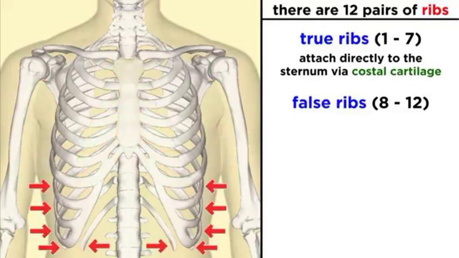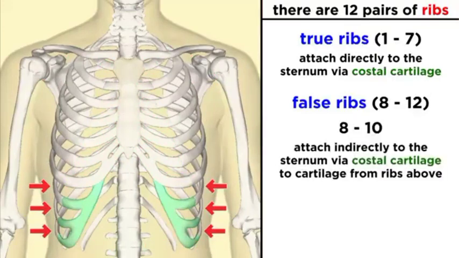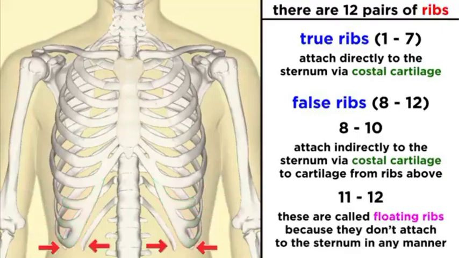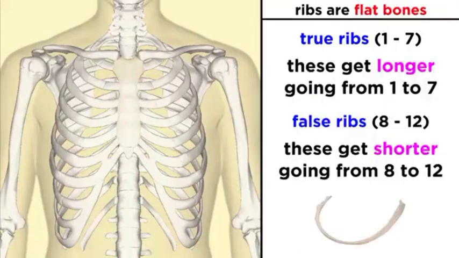Then there are 5 pairs of false ribs, 3 of which attach to the sternum indirectly with costal cartilage joining the cartilage from ribs above, and then the last 2 are called floating ribs because they don't attach to the sternum at all. Ribs are flat bones that get longer going from pair 1 to pair 7, and then shorter again from 8 to 12.